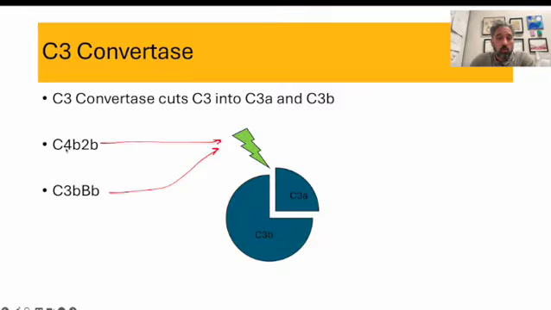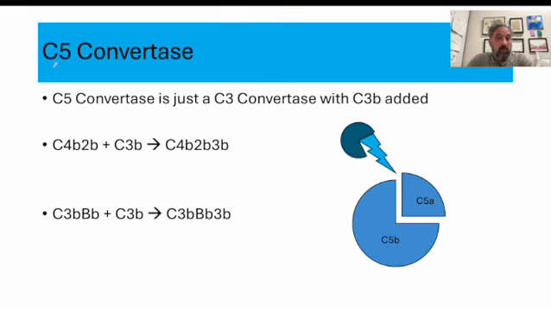We either have a C4B2B or a C3B-BB. Both of these are going to be our C3 convertases and are going to split C3 into C3A and C3B. Once again, the C3A is going to go away. The C3B is going to work as our C5 convertase, bind to that C3 convertase, and then that is going to be our C5 convertase.